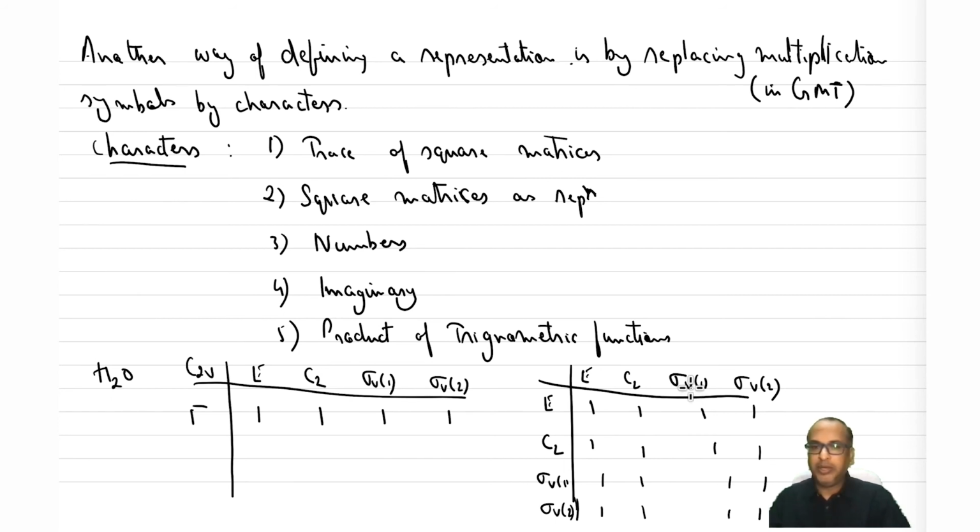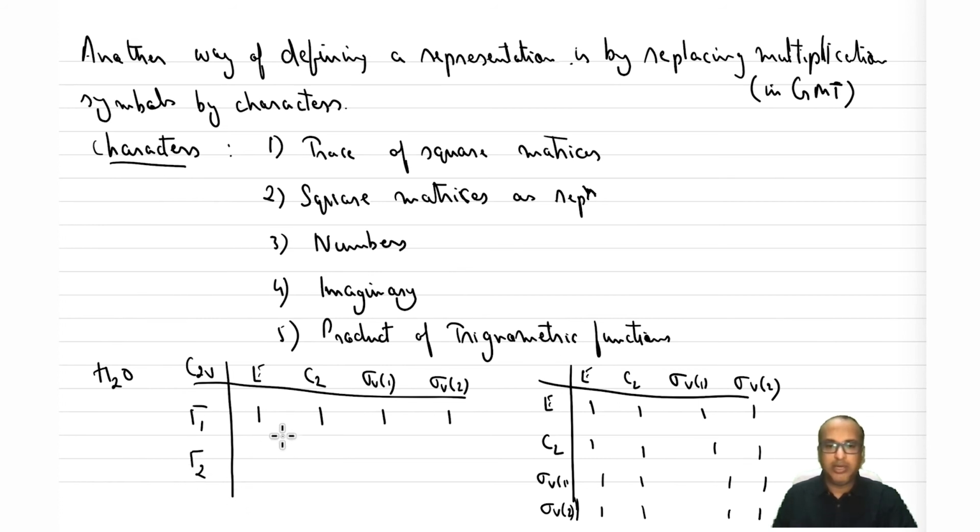Similarly, sigma V1 into C2, whatever product it should give, it is giving 1, and then we are getting 1 under sigma V2. So basically all the products are following the characters defined by E, C2, sigma V1, sigma V2, right? So let us call this one representation.